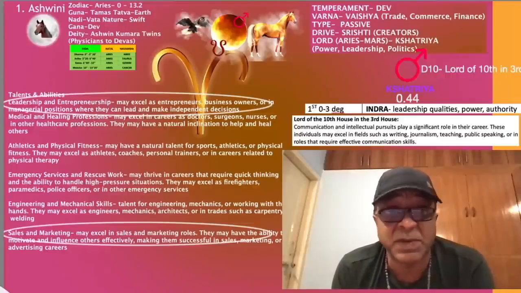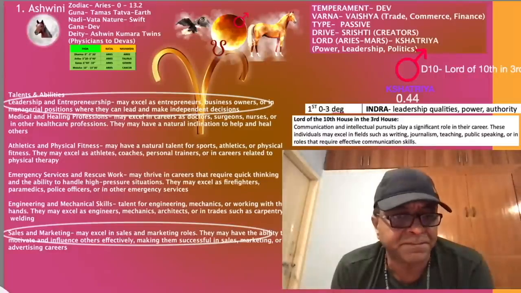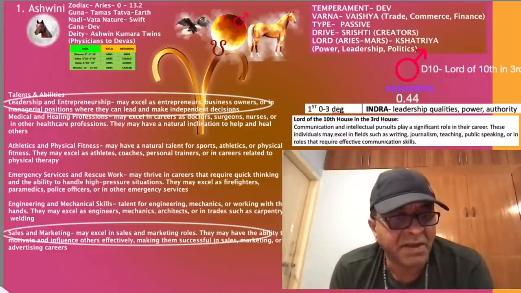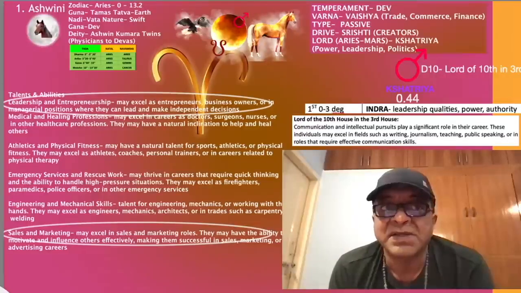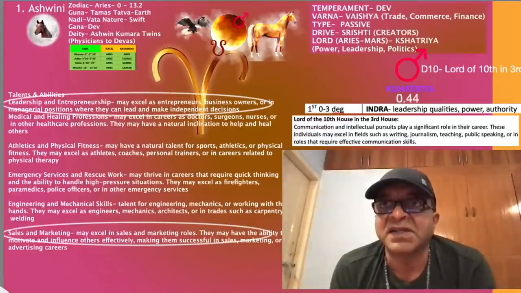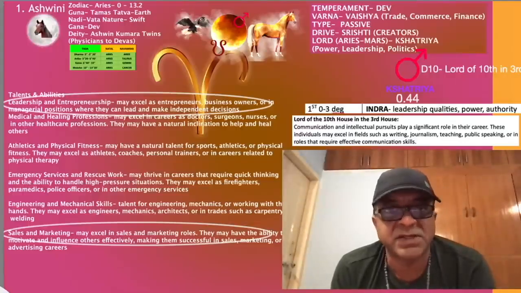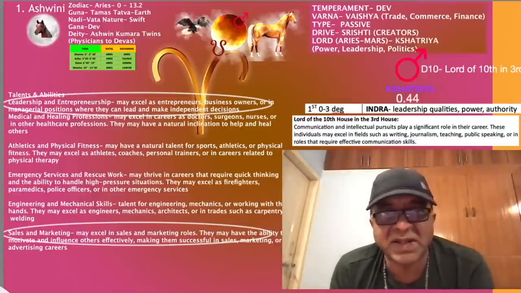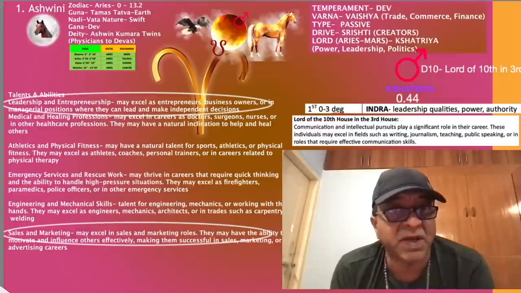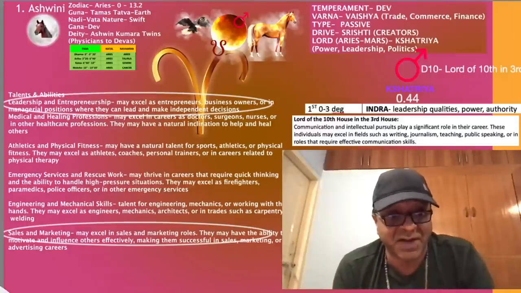She owns and runs the place very well, I might say. They may have the ability to motivate and influence others effectively. Sales and marketing. Mars is a quick thinking planet. Mars does not sit around twiddling their thumbs and waiting for something to happen. It's just not the way Mars functions. Okay.